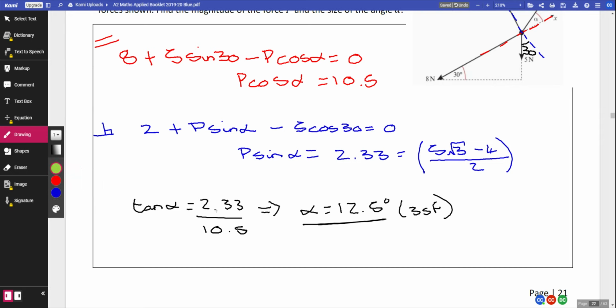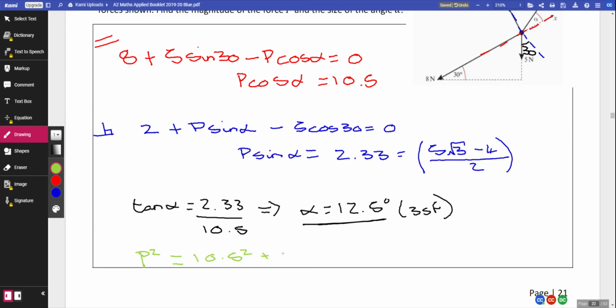This time, rather than using that value, just in case I've got it wrong, and because I have the option to use a different method, I'm going to go for squaring both of these. If we square the blue equation, square the red and add them, we can factorise out P squared. That leaves me with sine squared plus cos squared inside the bracket, which is equal to 1.